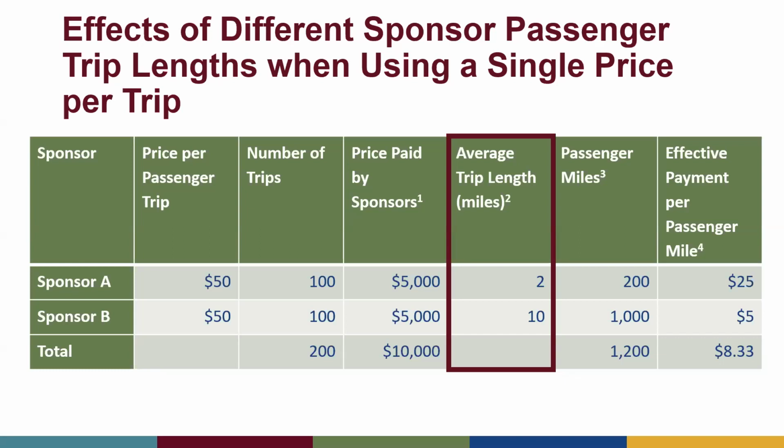They're paying $25 for every mile the passengers traveled. And transit costs are driven by two things: time and distance. So if those passengers are traveling fewer miles overall, then that sponsor should probably be paying less for that service compared to other sponsors. And so we provide some alternatives to deal with this kind of reality in the manual.